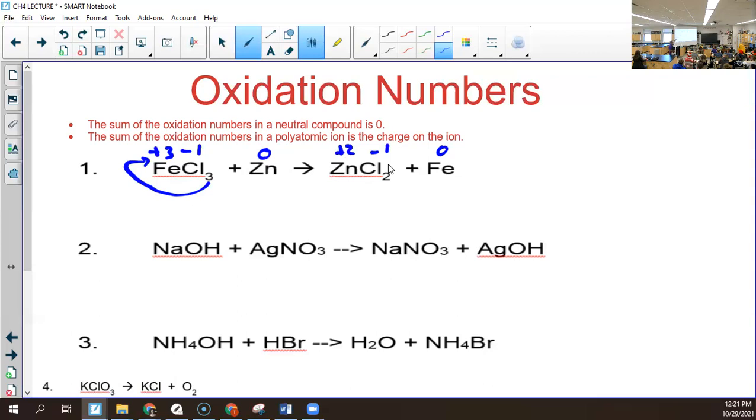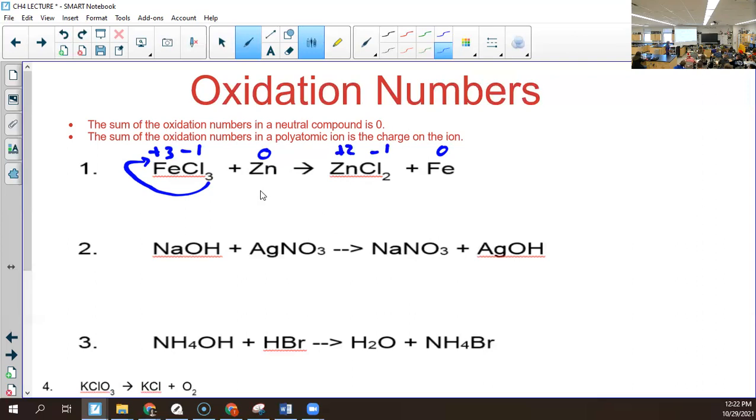Yeah, so we have a redox reaction. You have to do more things for a redox reaction. When you do these problems, you have to identify which element is reduced and which one is oxidized.